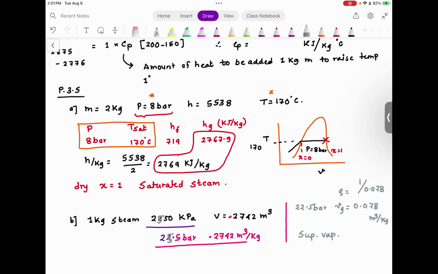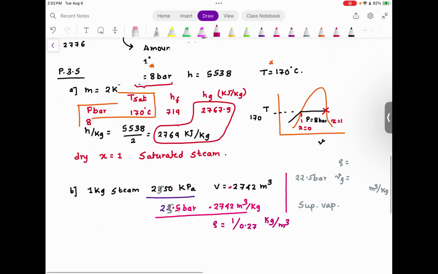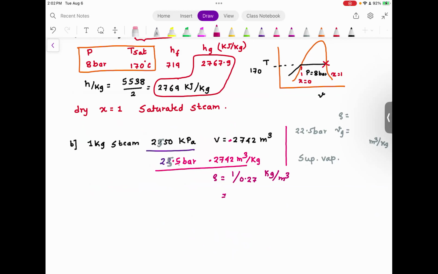No, V is 0.27, sorry. V is 0.27. Rho, so density, is 1 divided by 0.27 kilogram per meter cube. So tell me what is 1 divided by 0.27? 3.7.